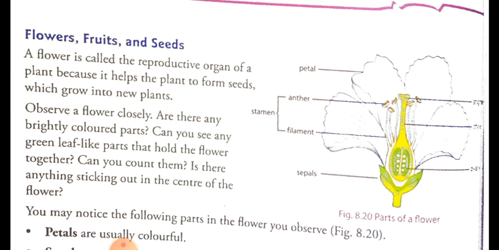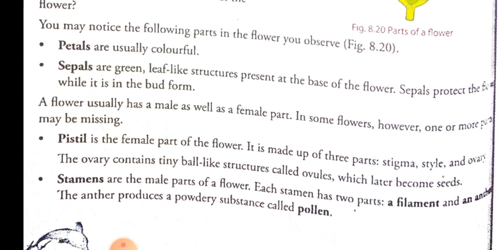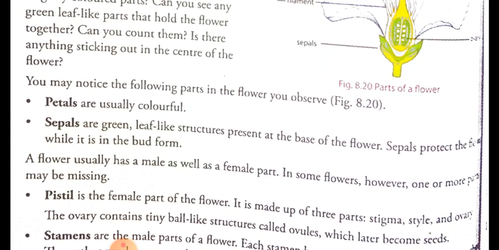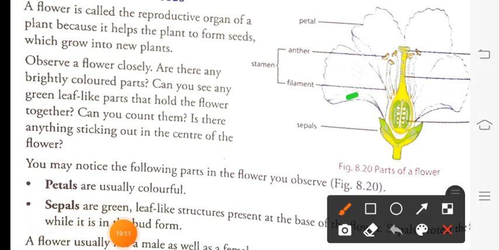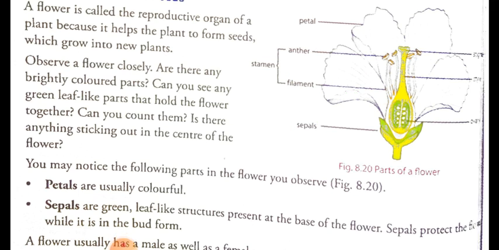First we will see each part of the flower. The first part of the flower is the petals. This is a petal.